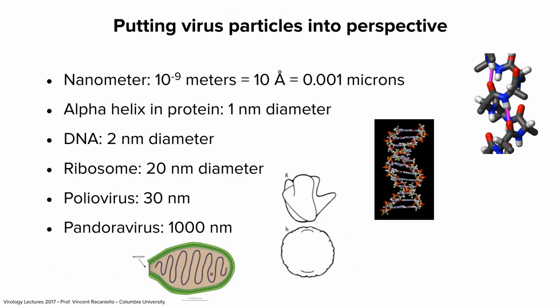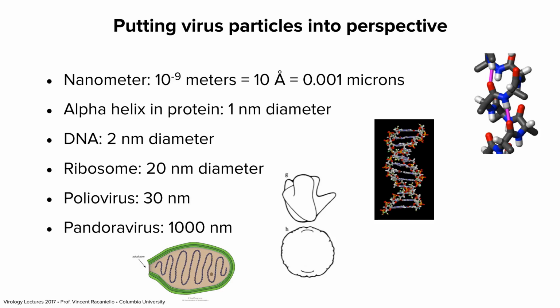So let's again consider the size of virus particles in relation to other things that we might be familiar with. We're going to talk about nanometers and angstroms a lot in this course. A nanometer, of course, is 10 to the minus 9 meters. 10 angstroms is 1 nanometer, or 0.001 microns.